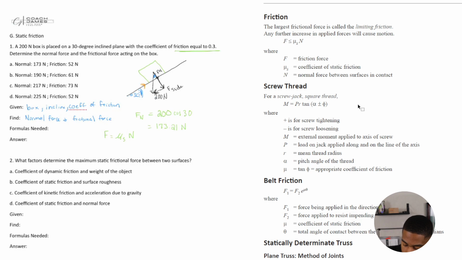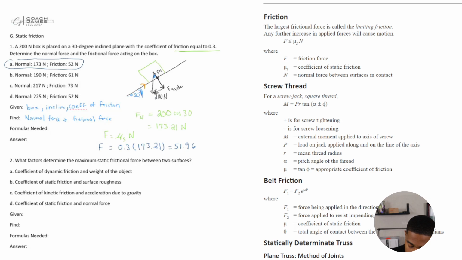So if we plug those in, F is equal to 0.3 times 173.21, and that gives us our force of friction to be 51.96. All right, so I get A for this.